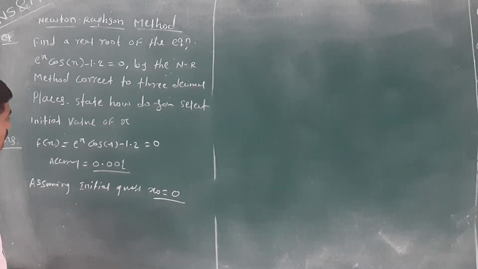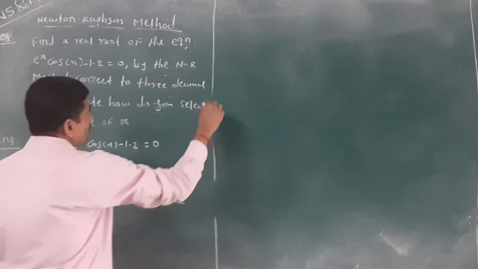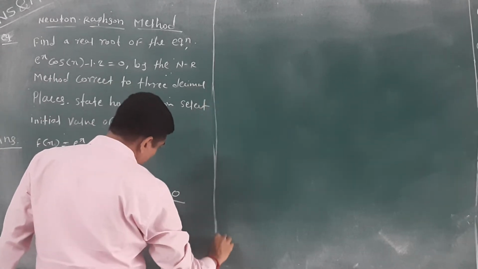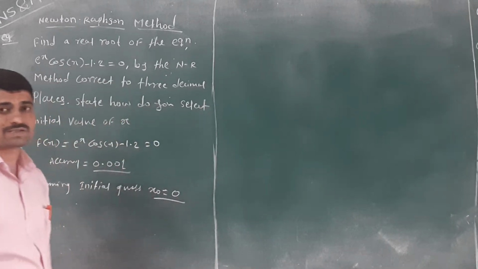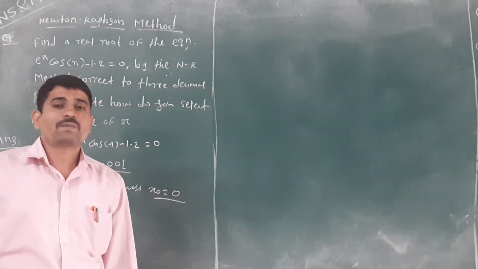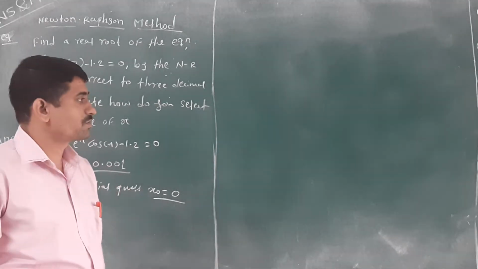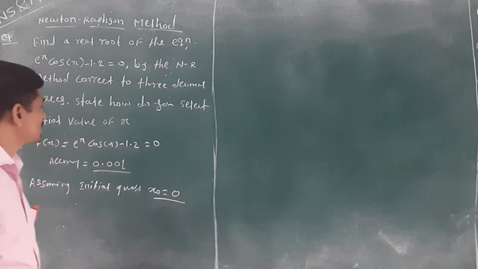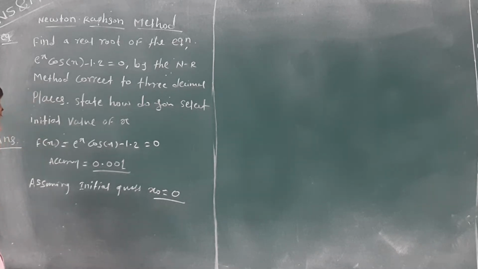Once you assume the initial guess x0 = 0, we know the formula: f(x0) into f''(x0) divided by [f'(x0)] square. This we want to check is less than 1 or not.